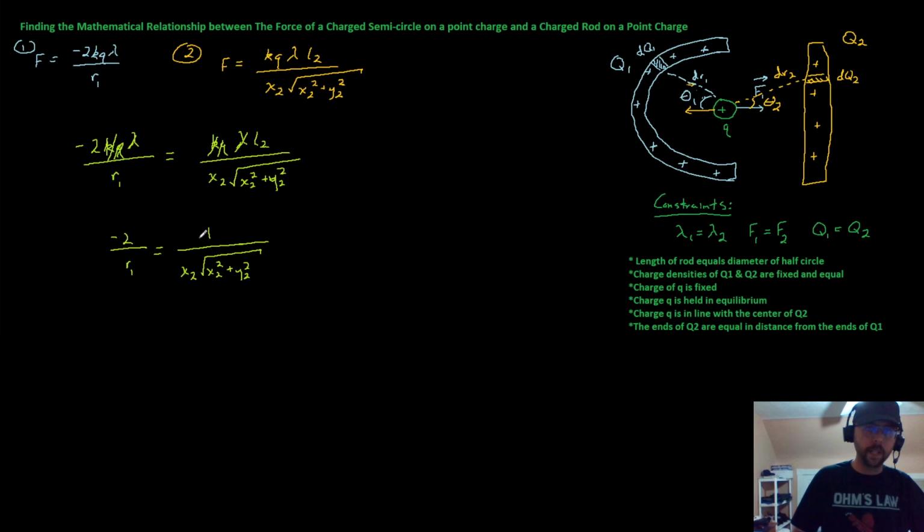Somehow I had the 2 cancel last time. Did I miss a 2? Where did I miss a 2? Let me think for a second. I think there was supposed to be a 2 that got pulled out of there. Yes, there was, because I never substituted in.